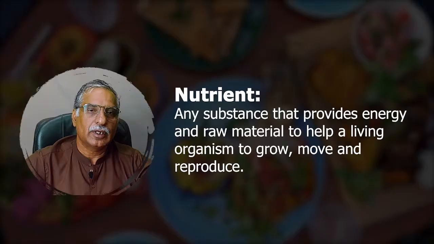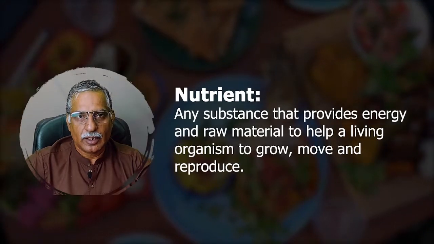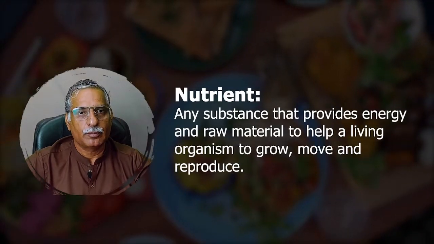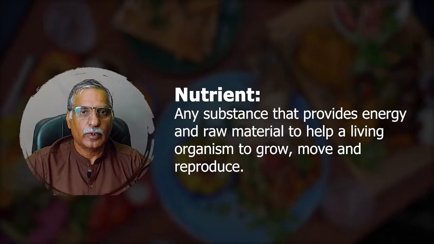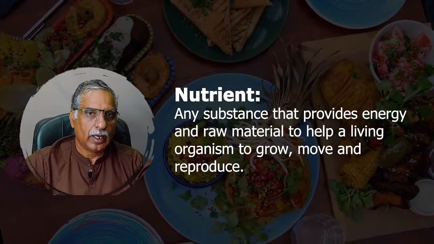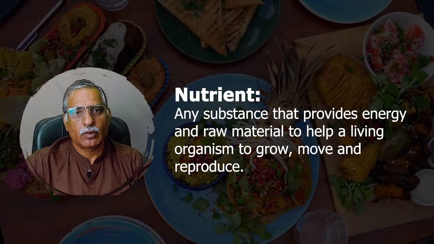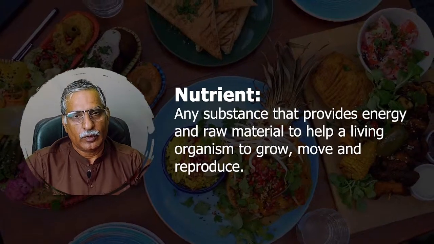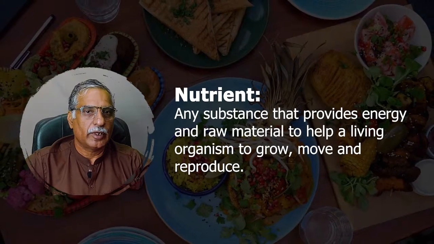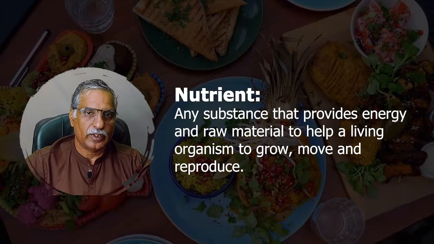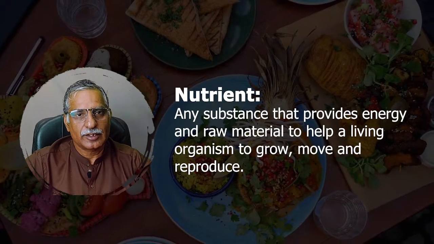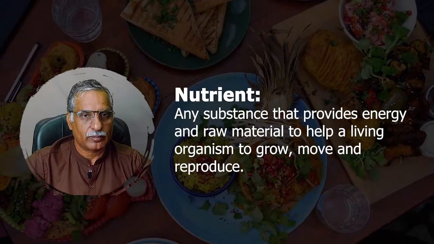A nutrient is a chemical substance that is a part of your food, and this chemical substance provides you with energy and with the raw material. With the energy and the raw material, your cells can carry on the life processes.